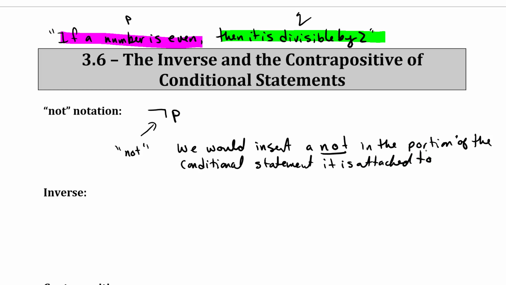So for example, not P, this one right here, would mean that there would be a not in the hypothesis.